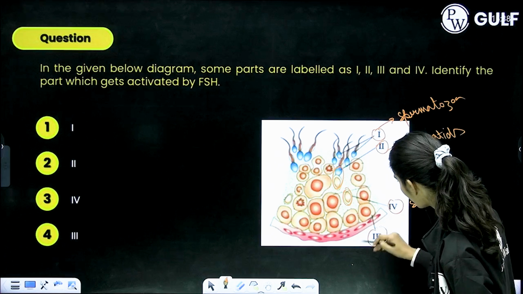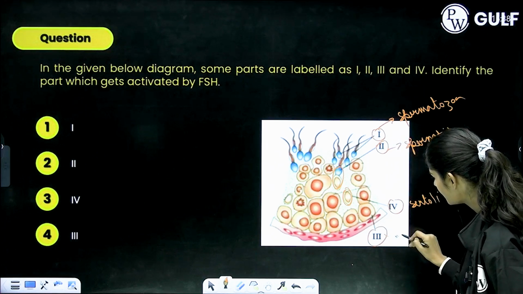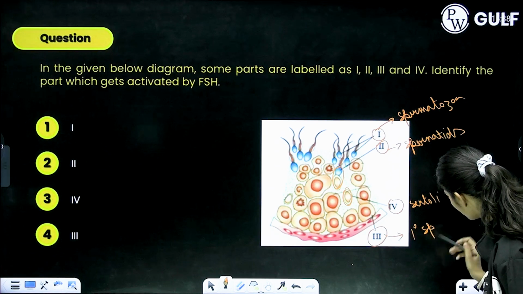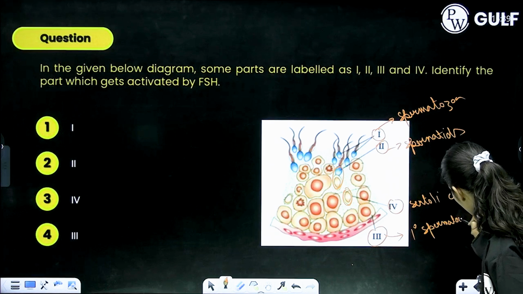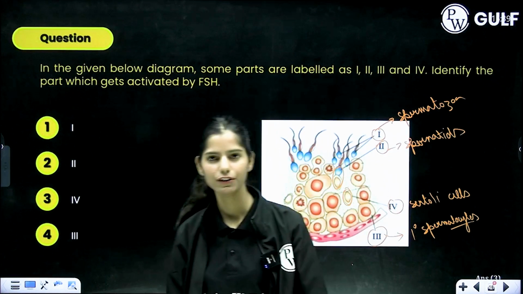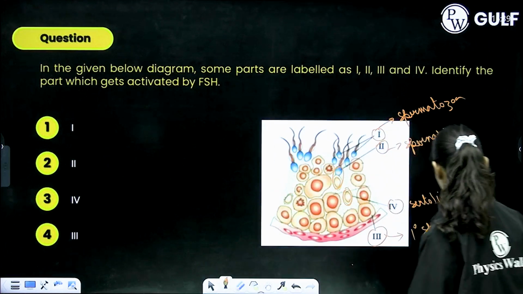And then the third part that we see over here is primary spermatocytes, which undergo meiotic division to give rise to secondary spermatocytes. I hope this part is clear to you.